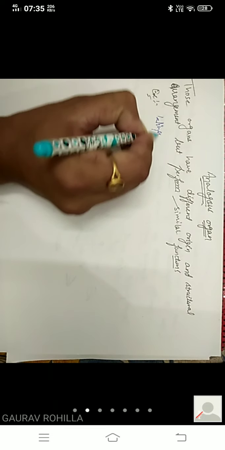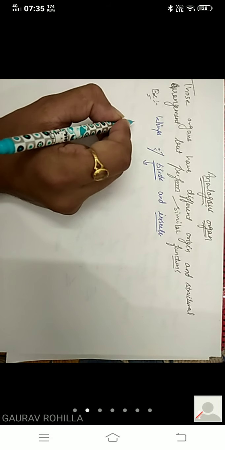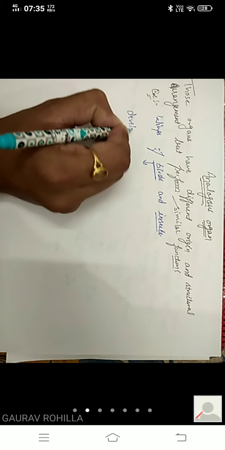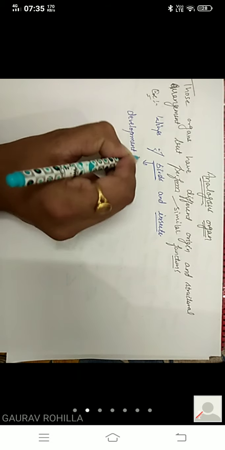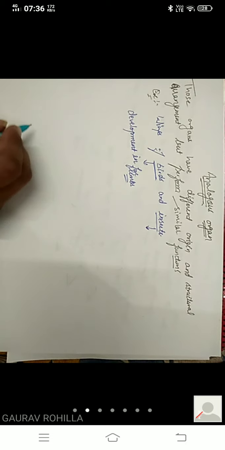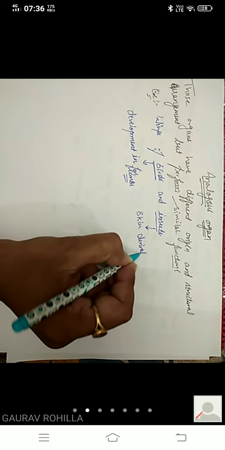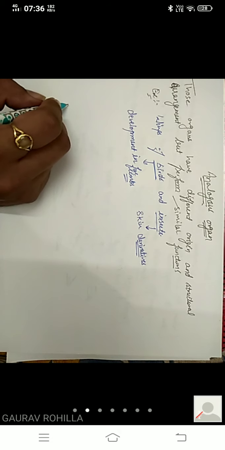Example, wings of birds and insects. In both of these cases, wings of birds evolved from development in forelimbs, whereas insect wings are skin derivatives.